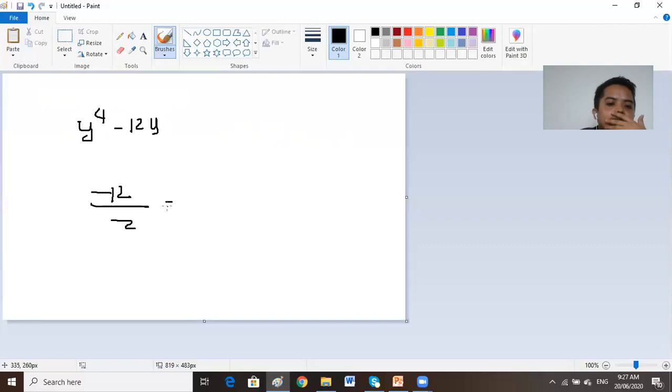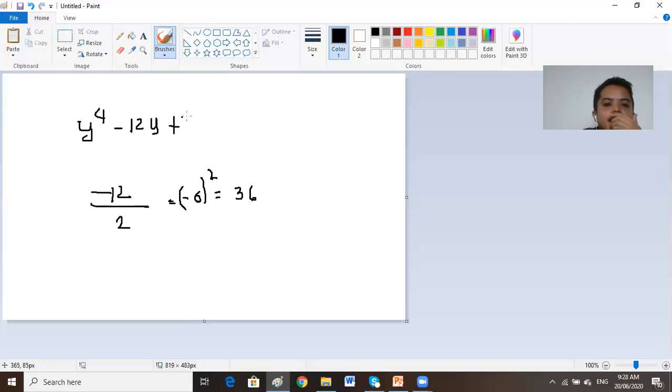The result is negative 6. Then the result now would be squared. So what is the square of negative 6? That is 36.